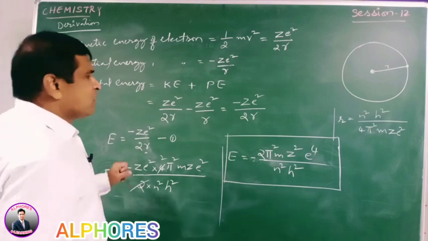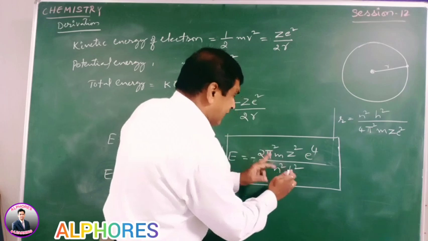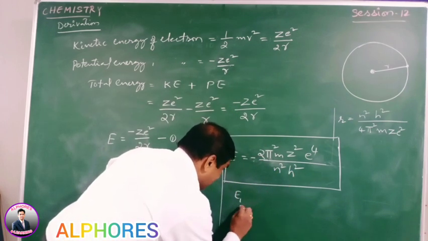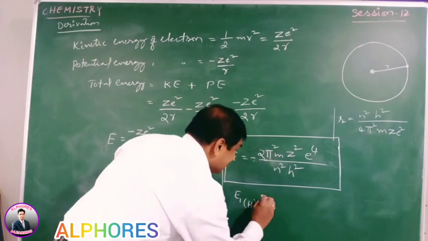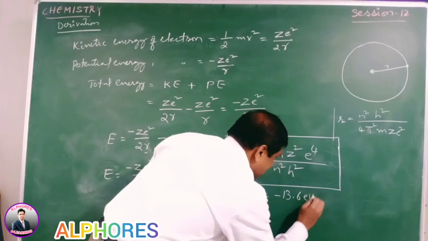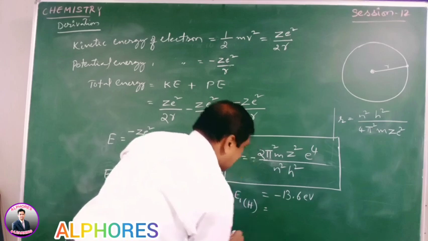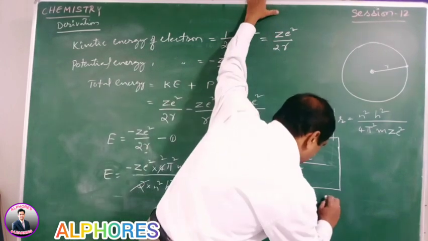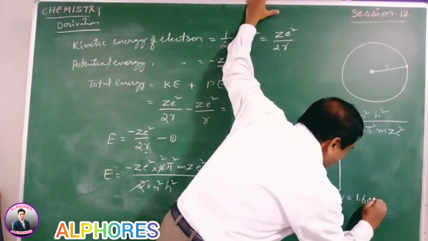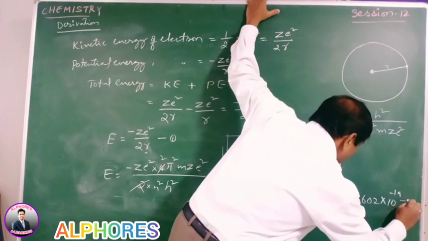Substituting the values of m, z=1, n and h, the energy of the electron in the first orbit of hydrogen equals minus 13.6 electron volts. As we know, 1 electron volt equals 1.602 into 10 to the power minus 19 joules.